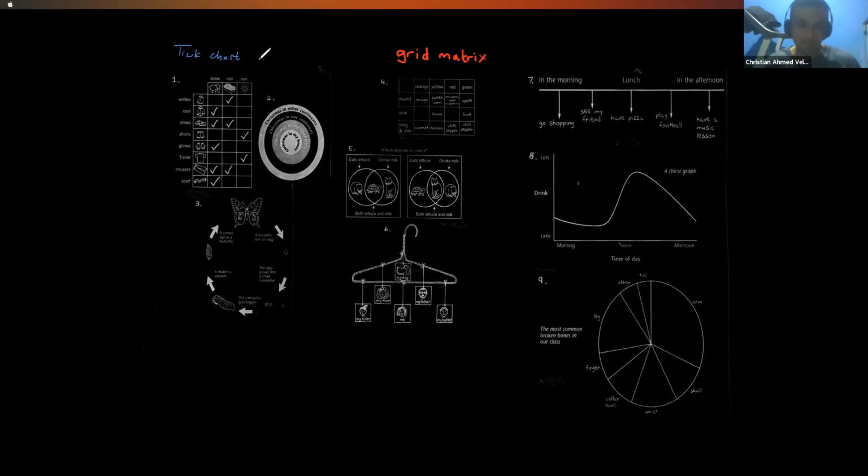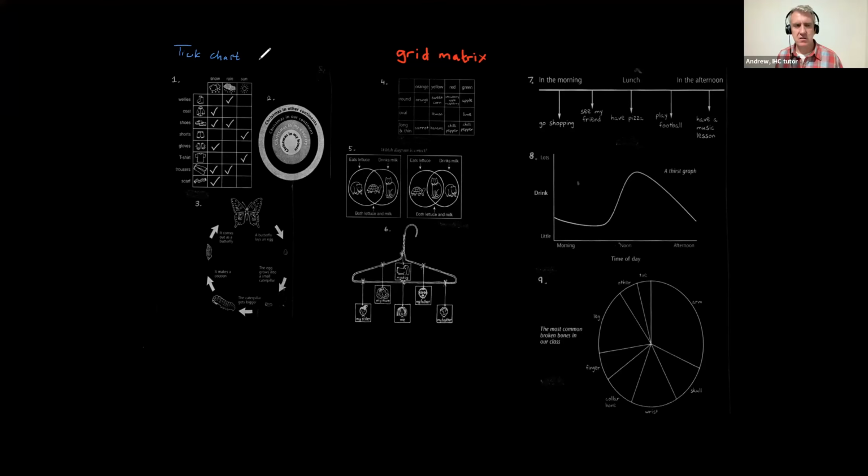In this case, to know what clothes we need to use with the weather. Writing about different types of clothes that you need for certain weather conditions, right? If it's raining, you need wellies, shoes, and trousers.